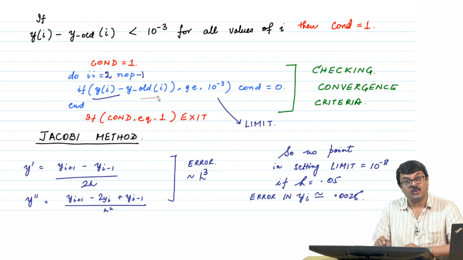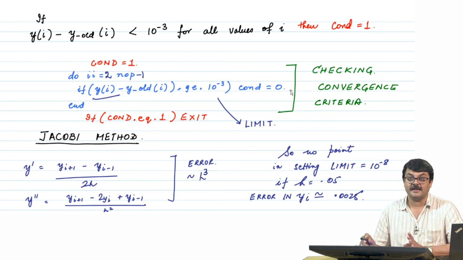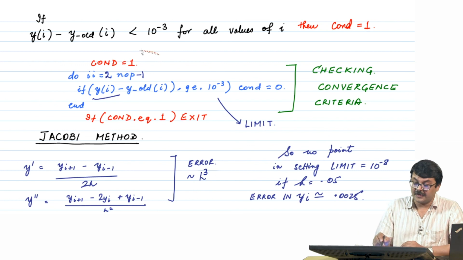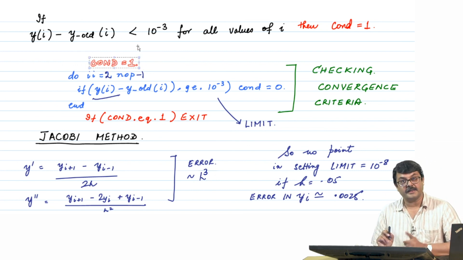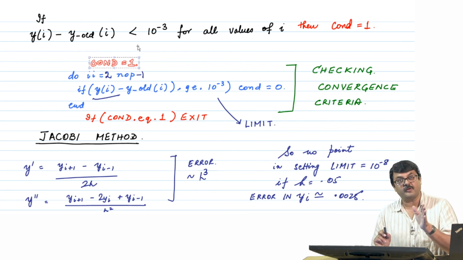minus y old, the older value, is greater than, if this condition is not satisfied, if it is greater than your limit, 10 to the power minus 3, then you say cond equal to 0, and if cond becomes 0, then you do not exit the loop. So, you have set cond equal to 1 before the loop.